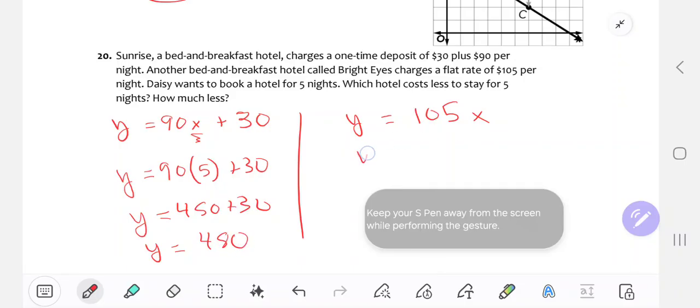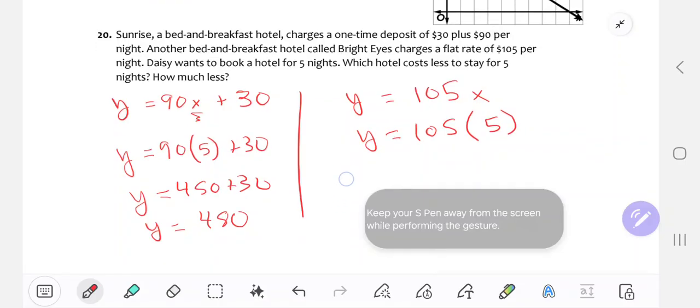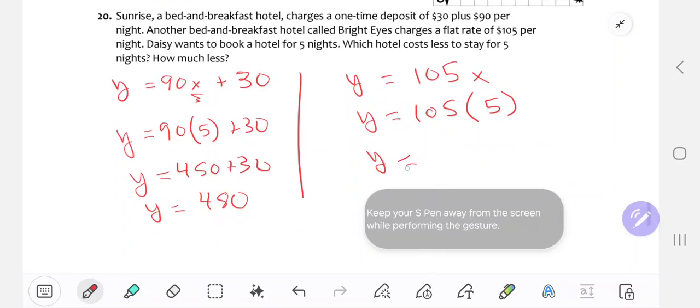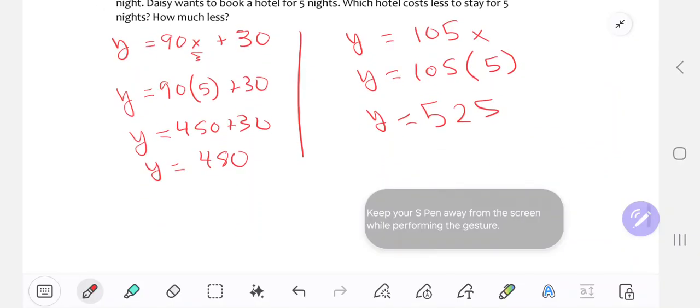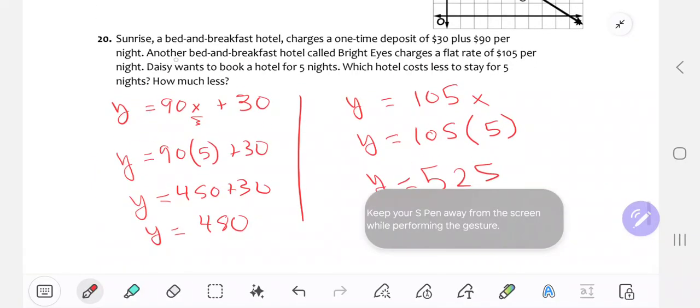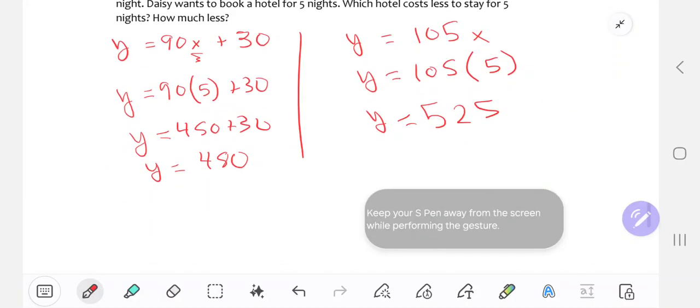And then this is y equals 105 times the number of nights, which is 5, so y equals 525. So the first bed and breakfast hotel charges the least.